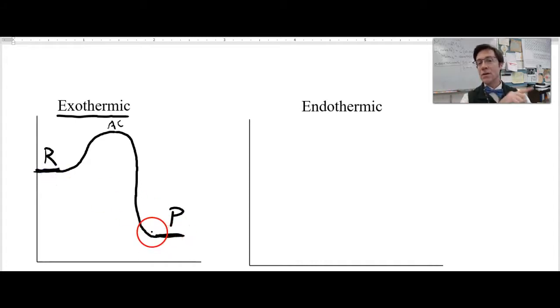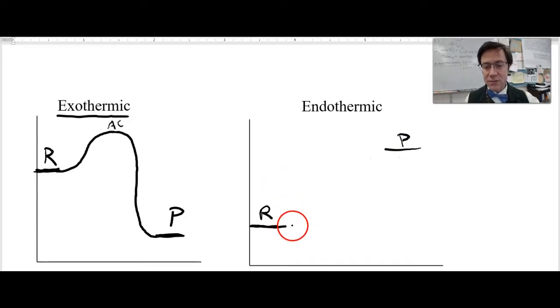Now the same thing, only completely different, is endothermic. For endothermic, our reactants have to start out low, and our products have to end up having higher energy. However, it is never going to be a straight line like this.